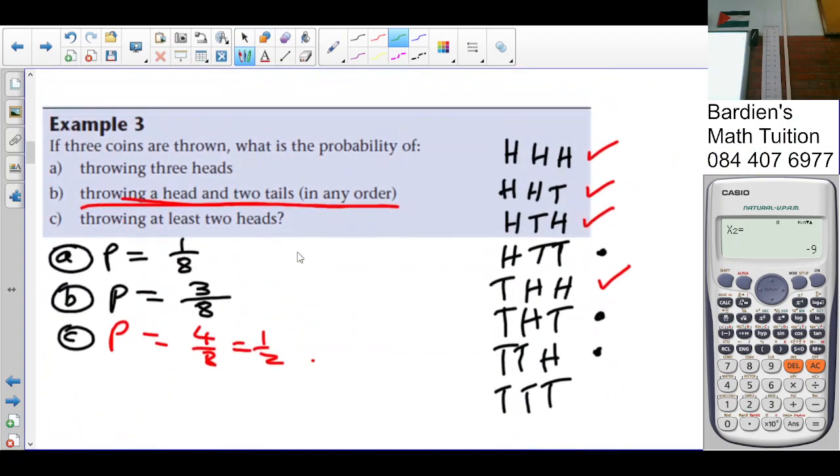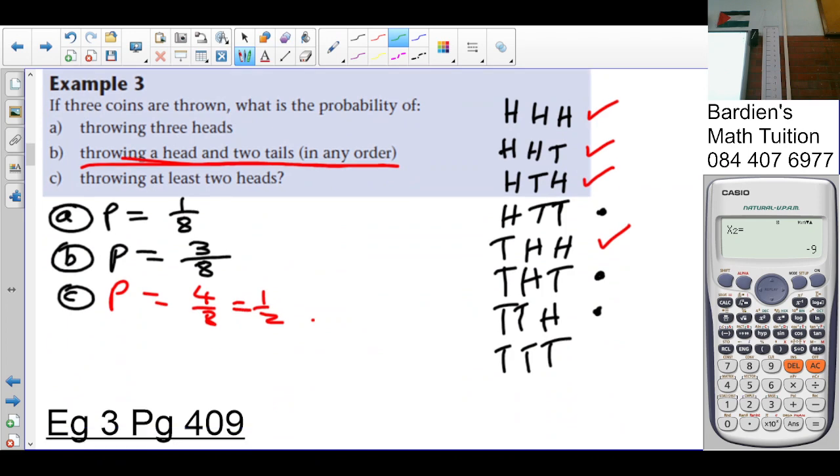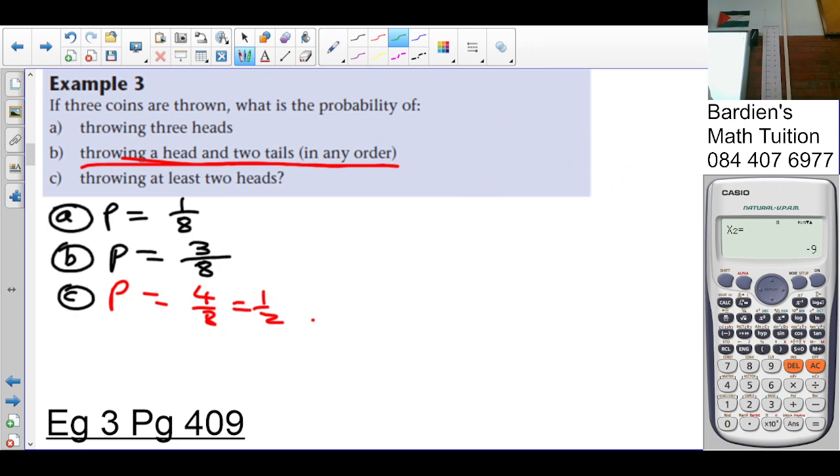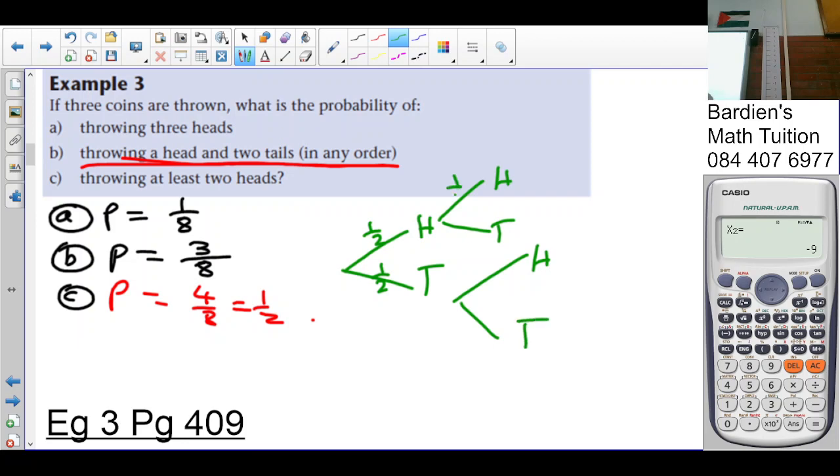If I did it with example 3, the tree diagram will look like this. It's either heads or tails on the first toss, on the first coin. Then heads or tails, heads or tails. Again it's half, half, half, half. Okay? So that's in your second event.